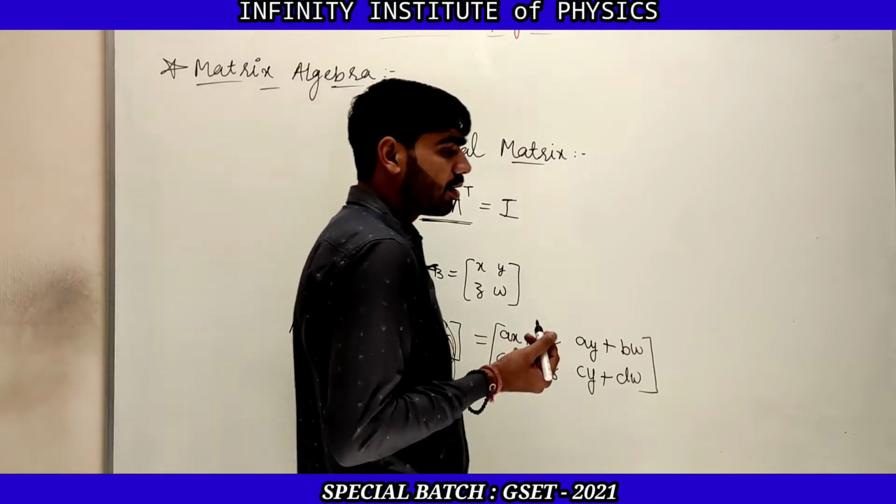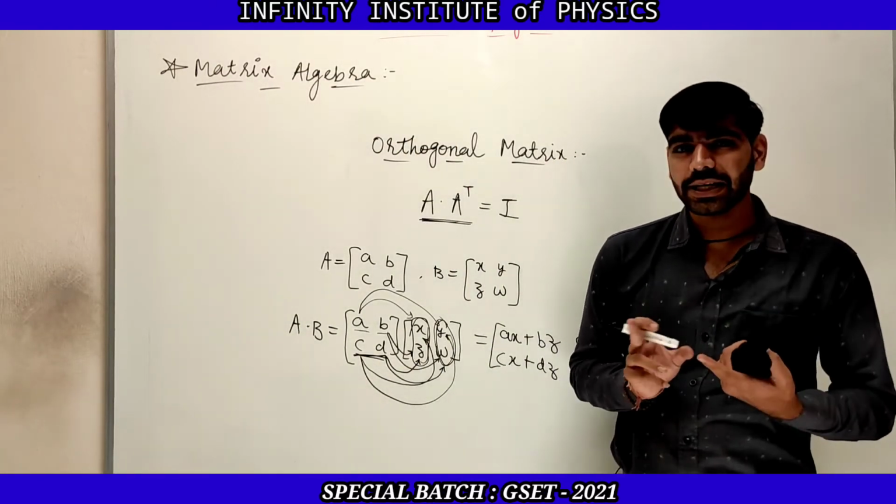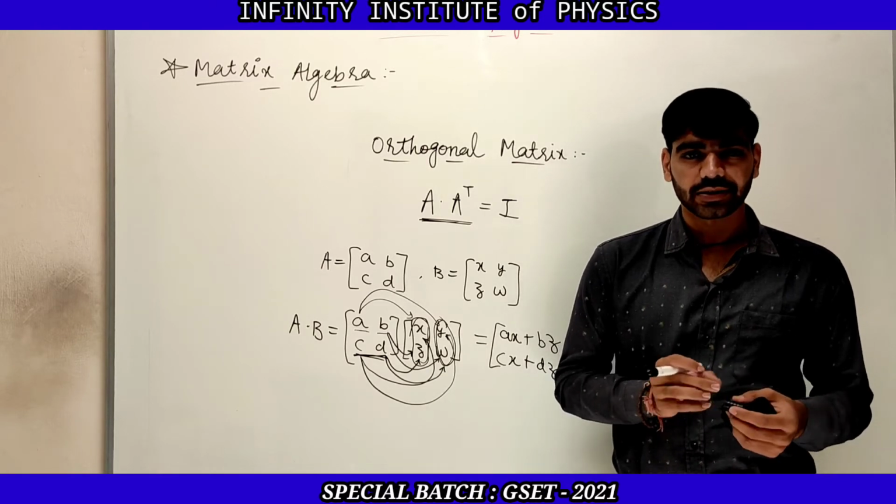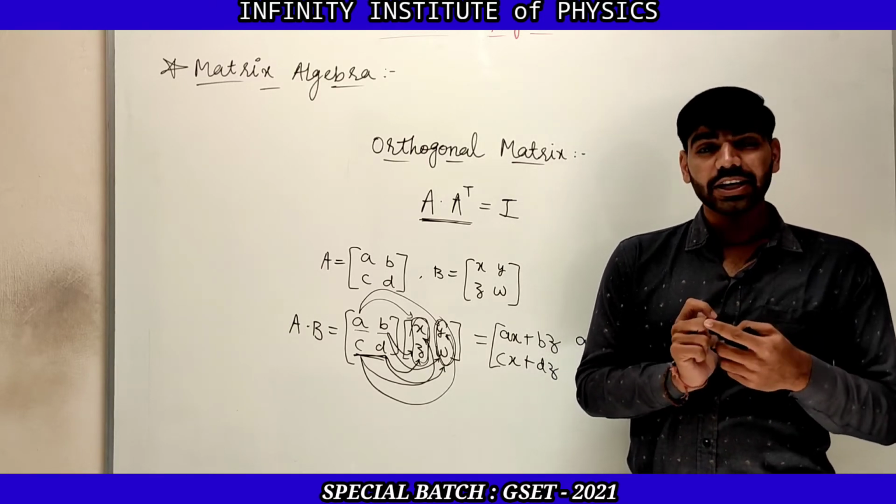For matrix multiplication, it is not needed that the two matrices should be square matrices.